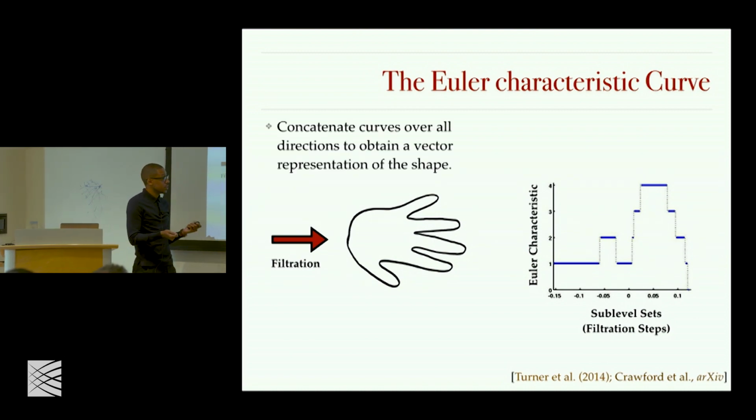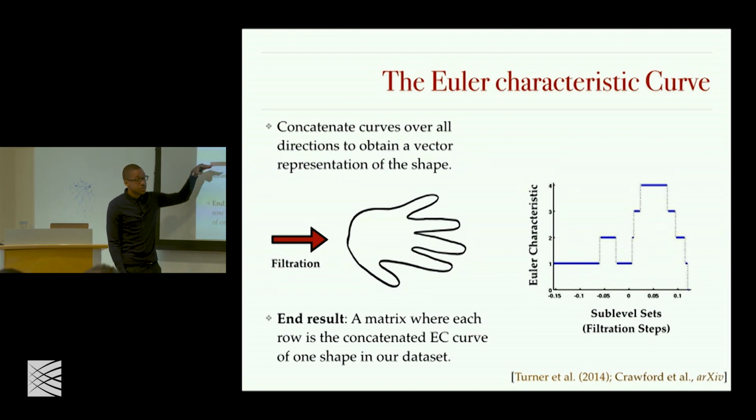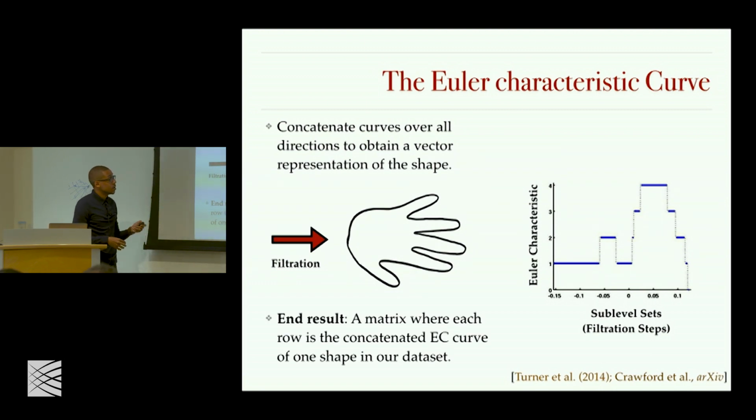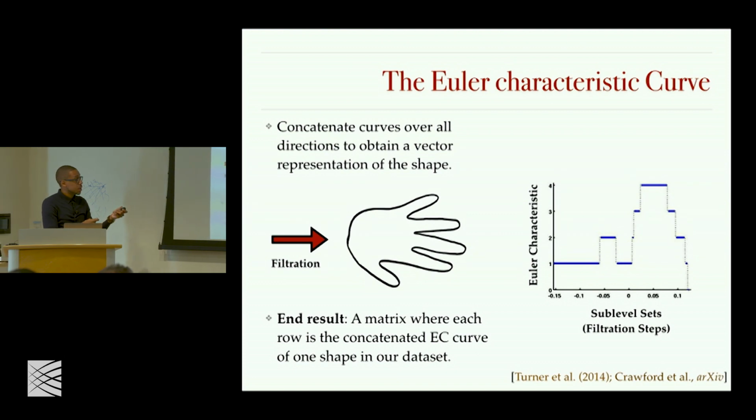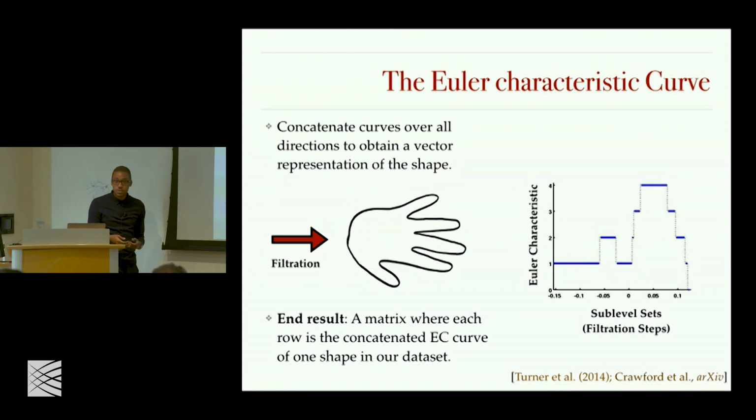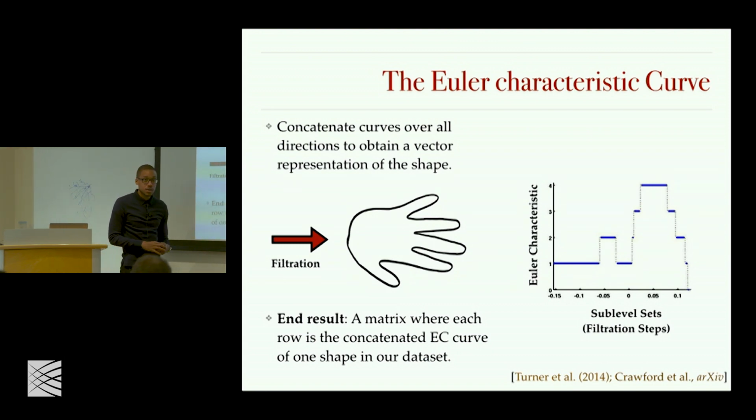What we want to do is take advantage of this nice vectorization of things. And then we get this added bonus: since I'm tracking at each step where the Euler characteristic is, I can then map these things back onto the vertices at the end of my method.